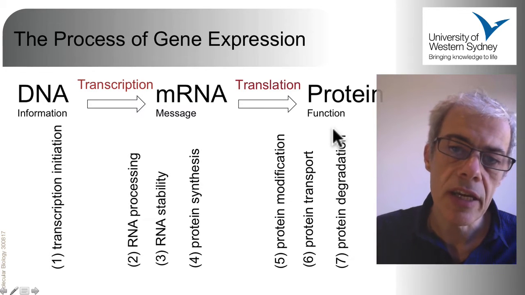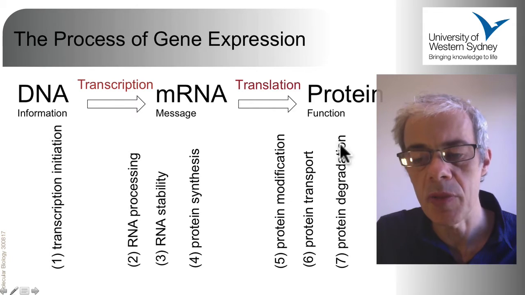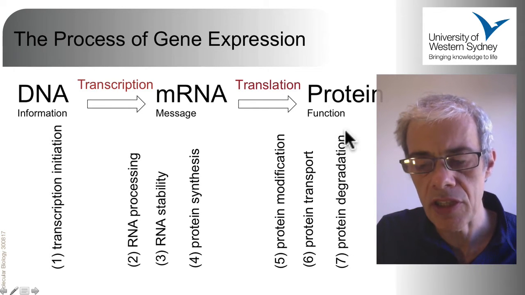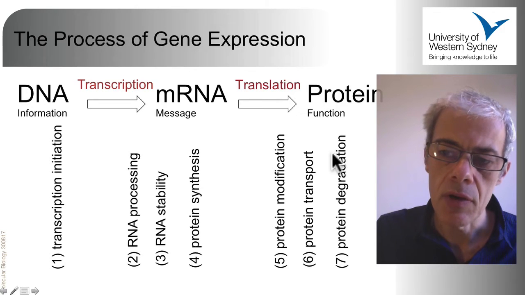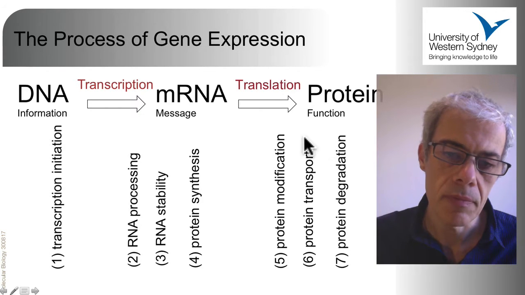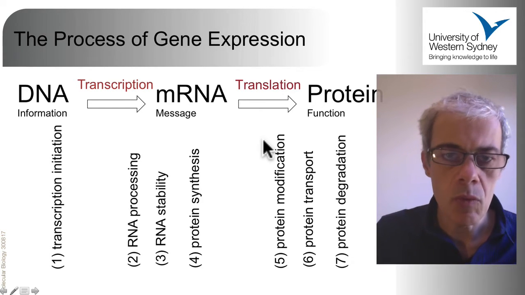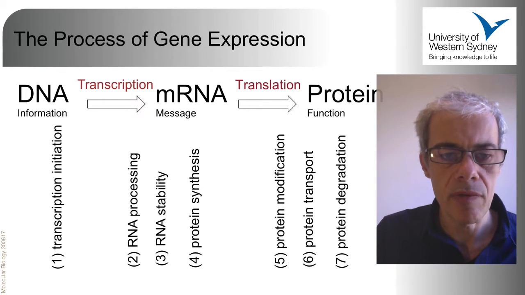The last stage in gene expression is the degradation of proteins, and we talked about ubiquitination as a process of removing proteins from the cell once it's perceived that they have fulfilled their function. So this is what we were discussing last lecture in terms of the flow of information.